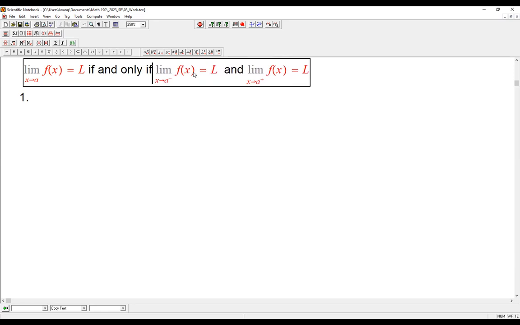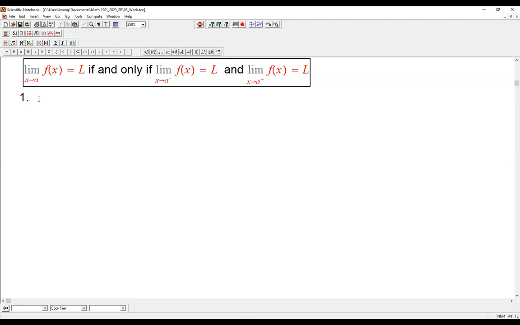If and only if means the left-hand side implies the other side is true, and vice versa. So this means that if the limit exists, not only do the side limits exist, the two-sided limit exists, they're also equal.